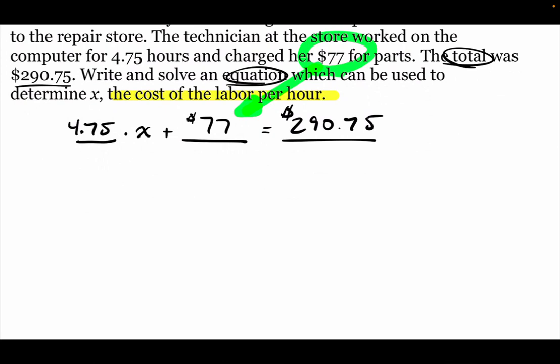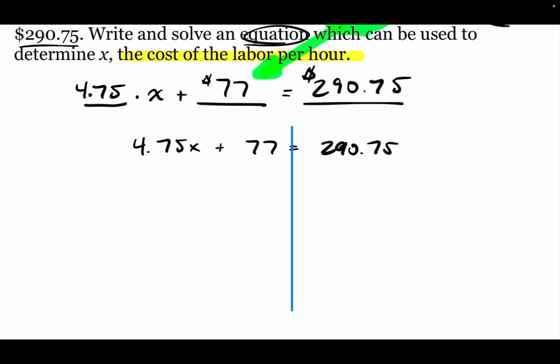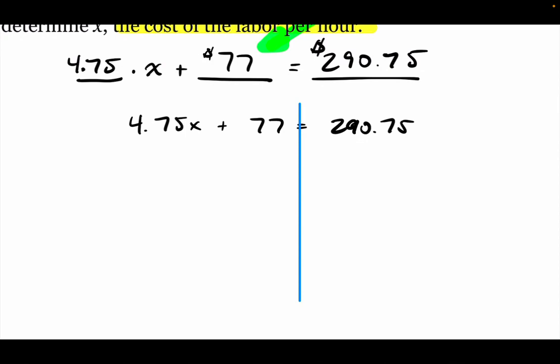Step two is solve. So the first thing is I'm going to rewrite it. It said solve, so I'm going to put a line down the equals. When it says solve, we always start at the bottom of PEMDAS, right? So is there any addition or subtraction? It's plus 77, so do the opposite: subtract $77.